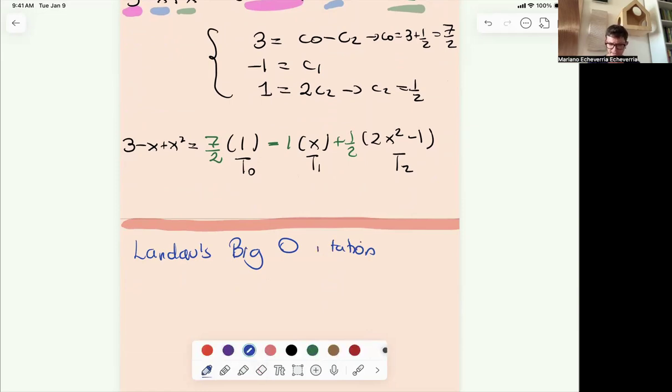Especially in computer science, and many other places, you will see this notation used a lot of the time. So it's useful to know how it's used.